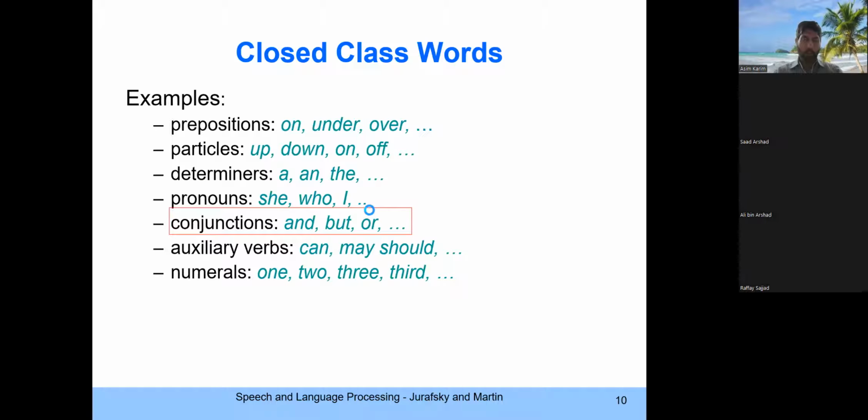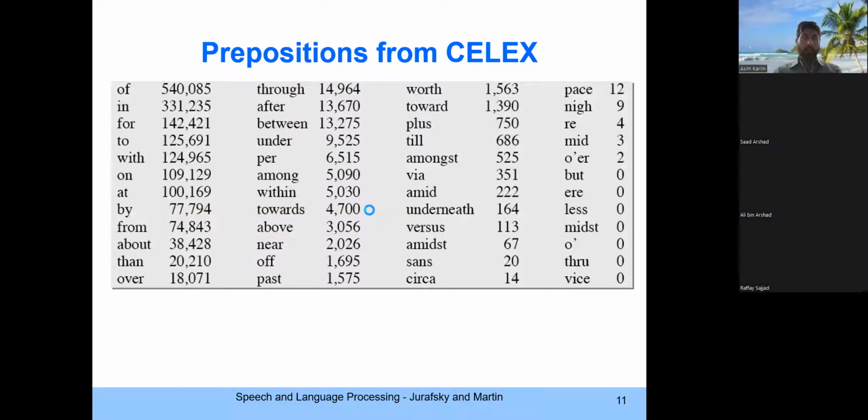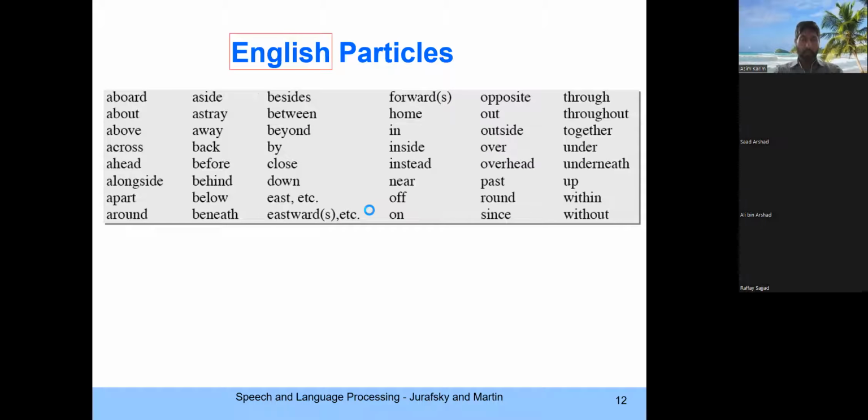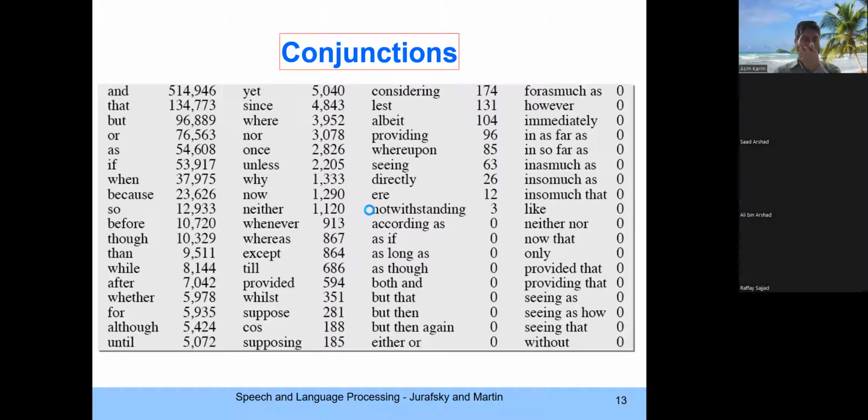So these are all closed POS. So membership of these POS typically does not change. So these are finer distinctions among prepositions. So English articles or determiners. So conjunctions.